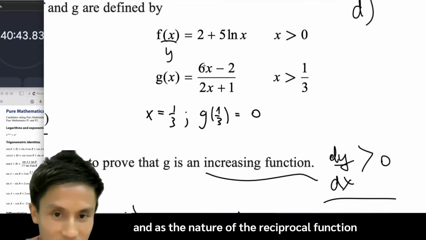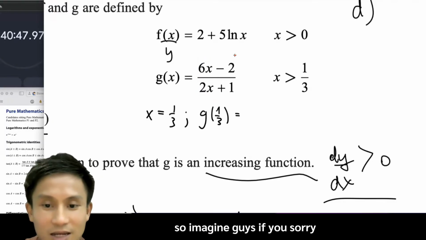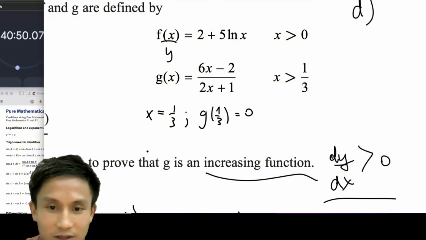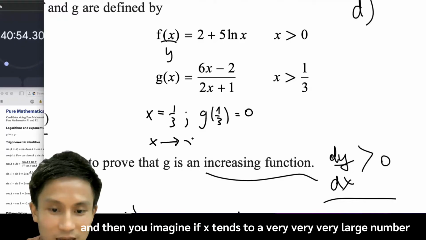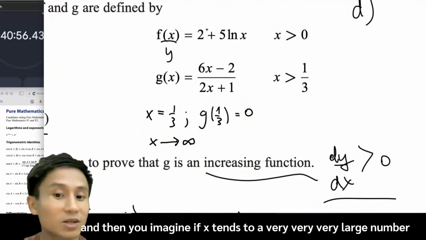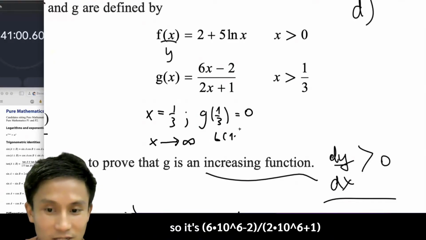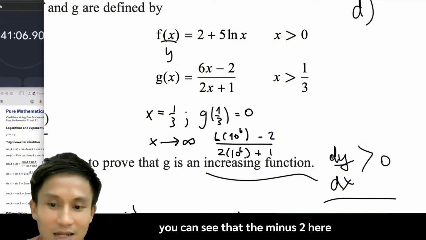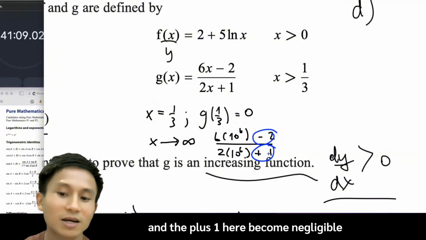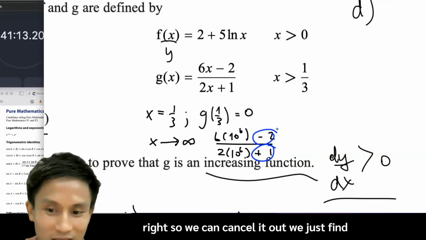And as the nature of the reciprocal function, imagine, guys, if you look at g(x) here, and you imagine x tends to a very, very large number. Let's say 1,000,000. So it's 6 times 10^6 - 2 over 2 times 10^6 + 1. You can see that the -2 and the +1 become negligible, so we can cancel them out.